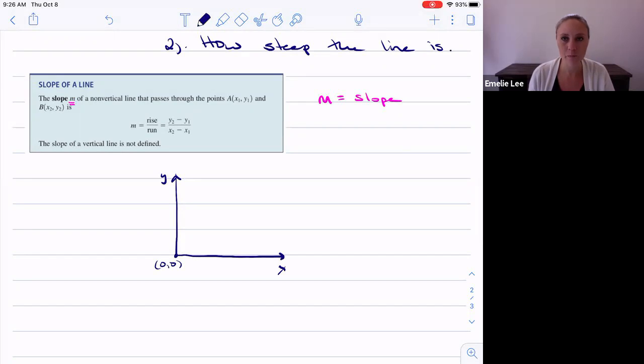Then if I've got a point at x1, y1, and then I've got a point here at x2, y2. Remember, in general, we can use these ordered pairs: x first, comma, y, and we use the round brackets around those ordered points.